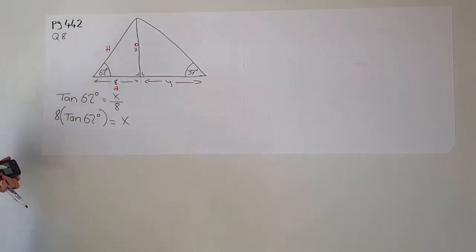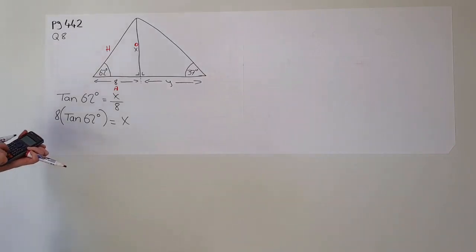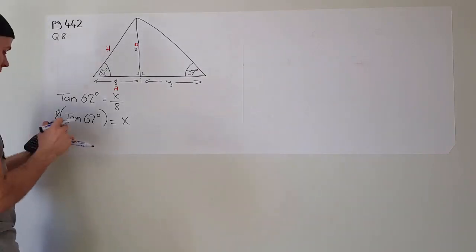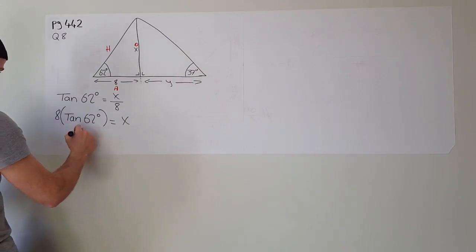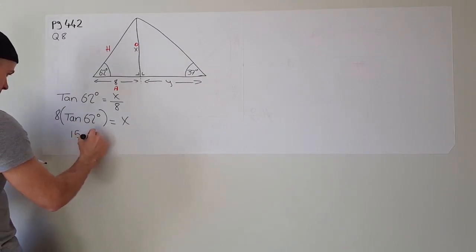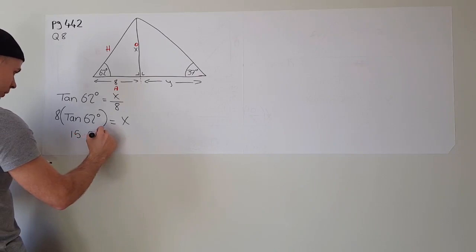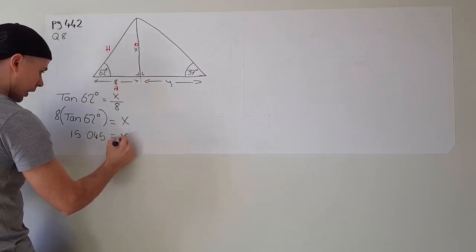Into your calculators, 8 multiplied by the tan of 62 degrees, and I'm going to get 15.045 is equal to x.